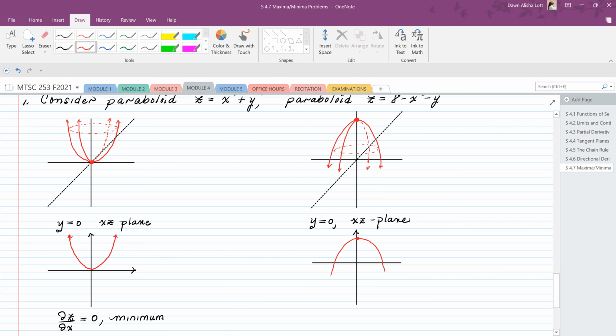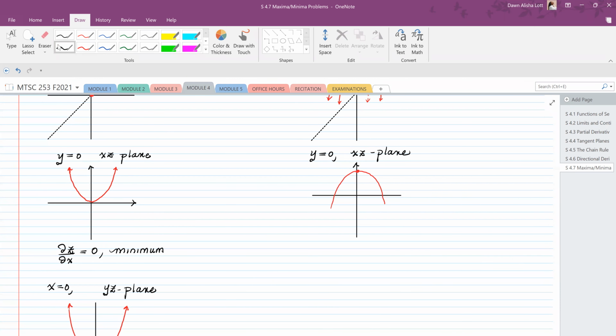And again, the partial of z with respect to x is equal to 0 at that point, and I have a max. So you remember how when the derivative equals 0, you got a max or a min.